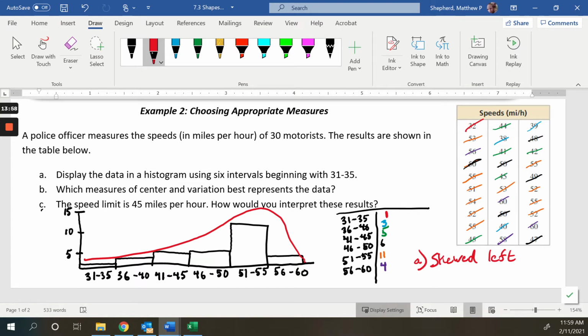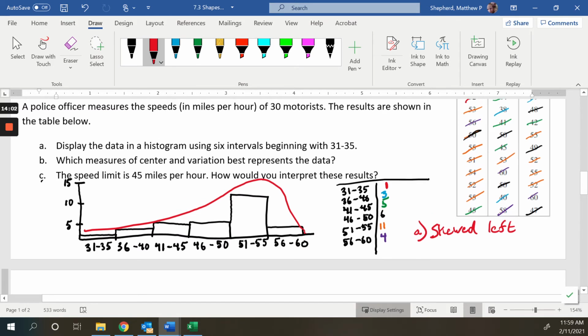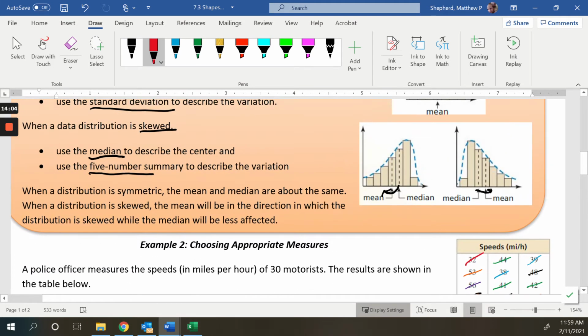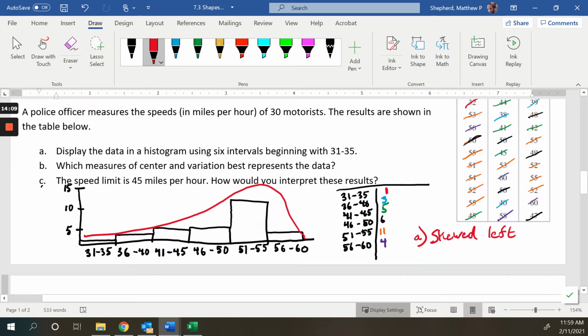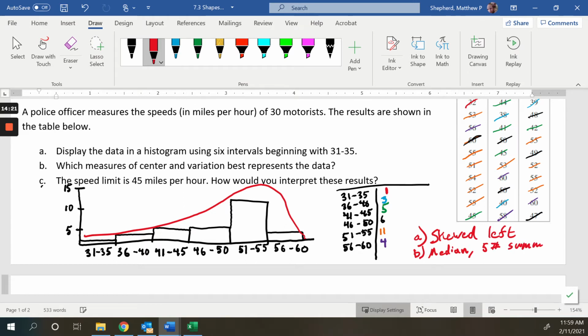B, which measures of center and variation would be best to be used? Well, if it's skewed, it told me right up here, median and 5-number summary. So for my B, I'm going to say the median and the 5-number summary.